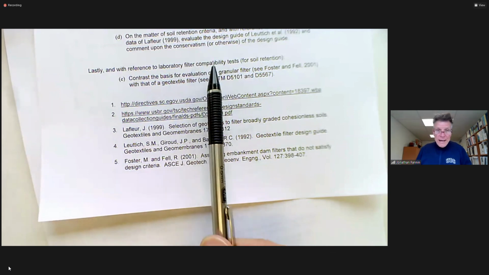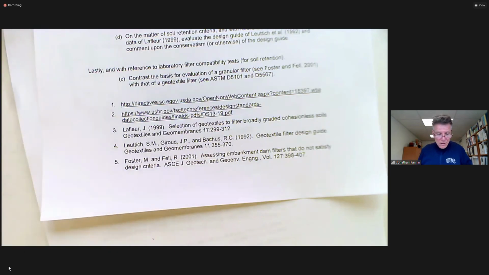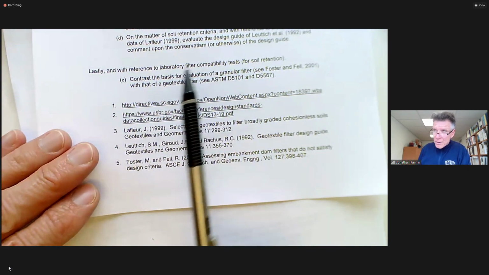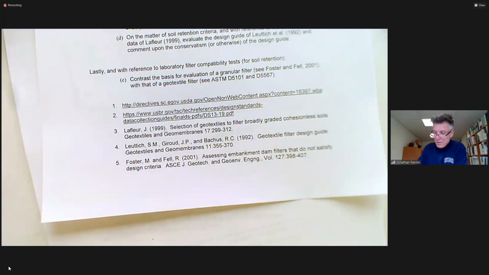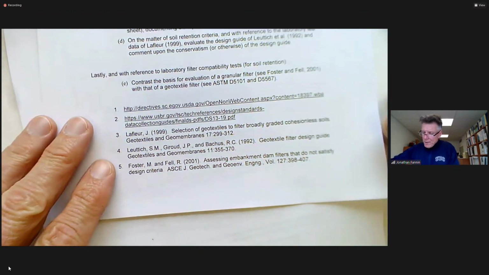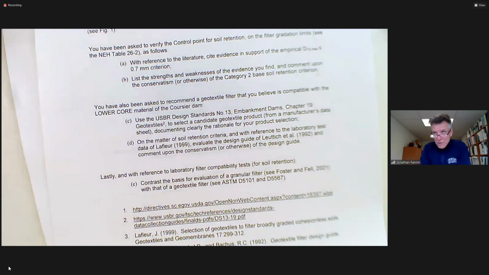That's being done right now, actually. In fact, Mark Foster and I are working with a dam owner right now on evaluating granular filters for a dam.